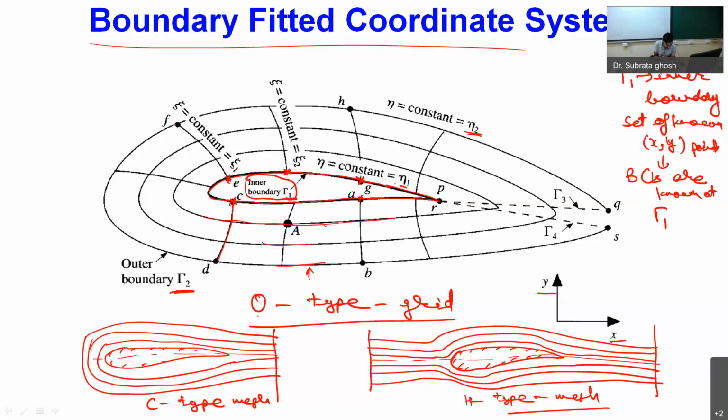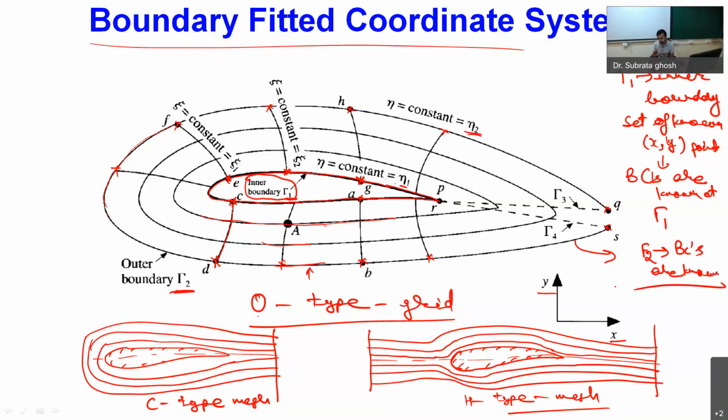Similarly, this is my outer boundary, and once in the physical domain we create some mesh, we will always be aware of all the coordinates lying on the boundary of this mesh, from our geometric considerations while creating it. So at this outer boundary gamma 2 also, all BCs are known to us.